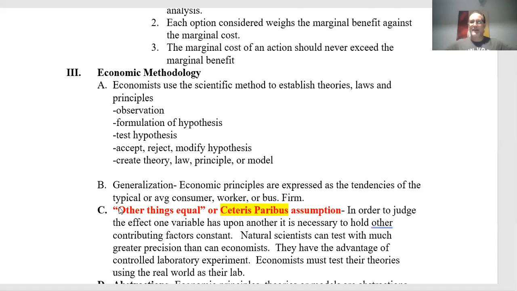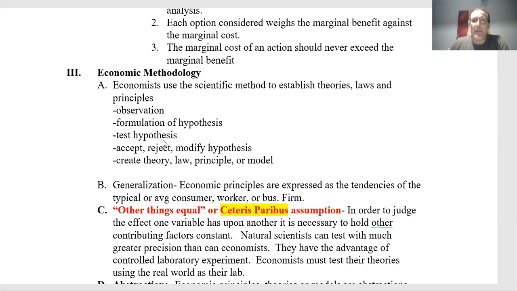Just set it aside and say, if the price of Pepsi goes down, all things being equal, what will happen to the demand for Coke? So that's what ceteris paribus means, is isolate these two things, and isolate all other variables for this experiment. And it's a weakness of economics, because you have to, in theory, just think about things where in the real world, there's a lot more things going on.